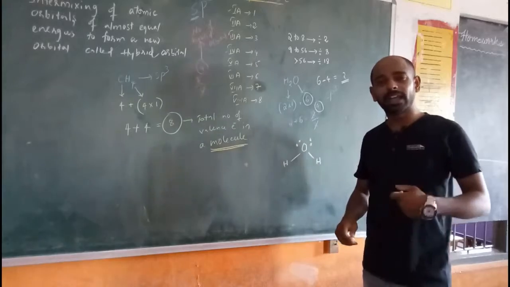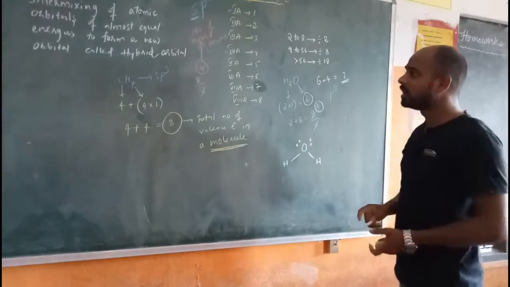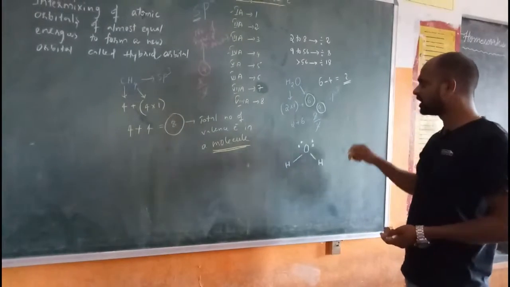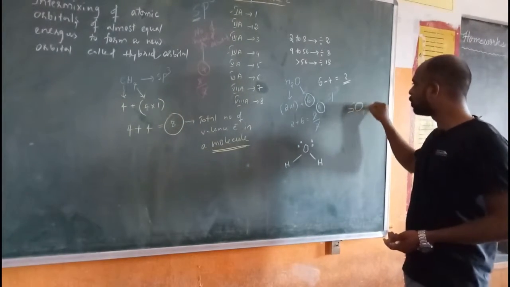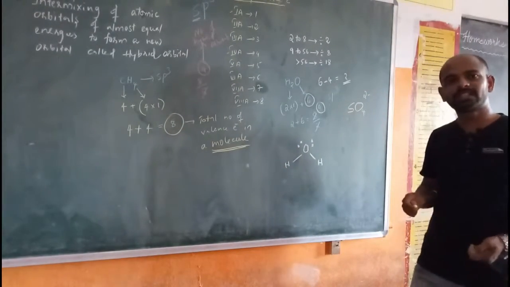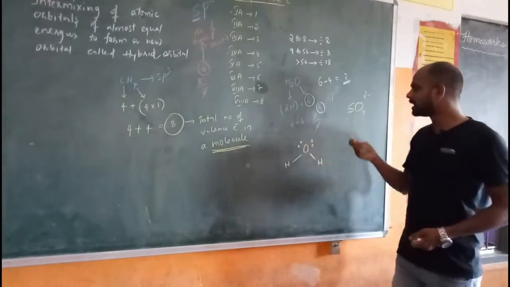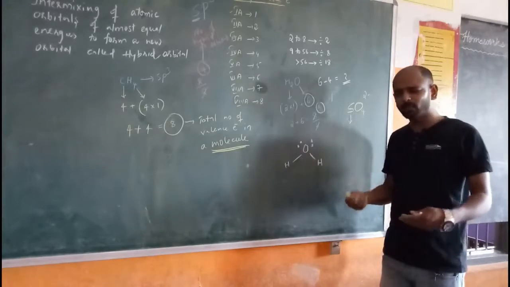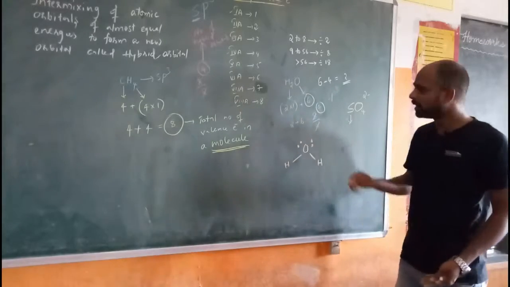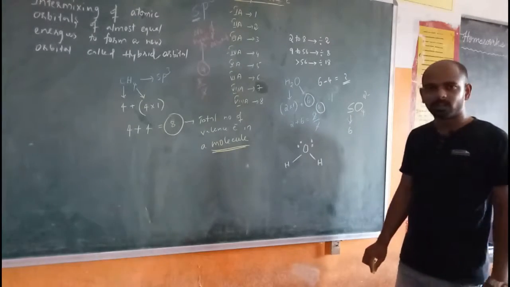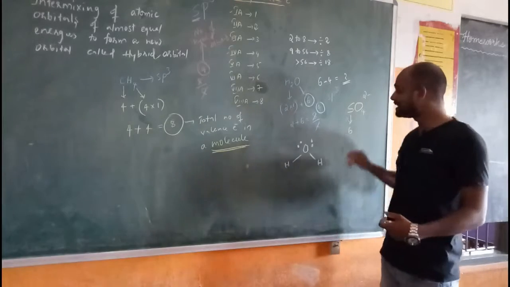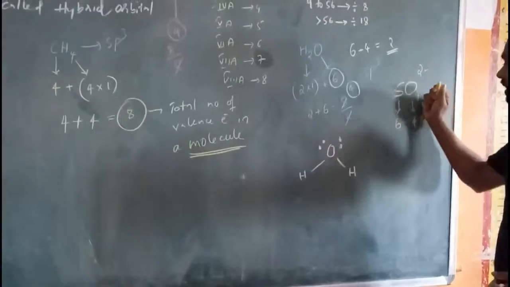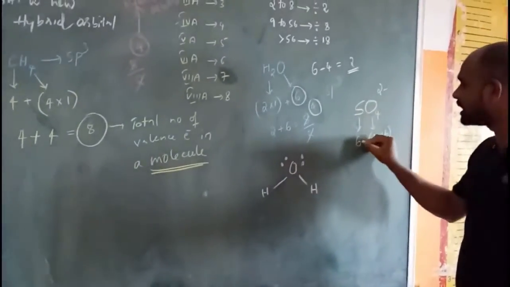You can apply it for any ion. Consider the sulfate ion, SO4 2 minus. What is the group number of sulfur? Obviously the same group to which oxygen belongs, which is 6. It means sulfur has 6 valence electrons, and there are 4 oxygens with 6 outermost electrons each.